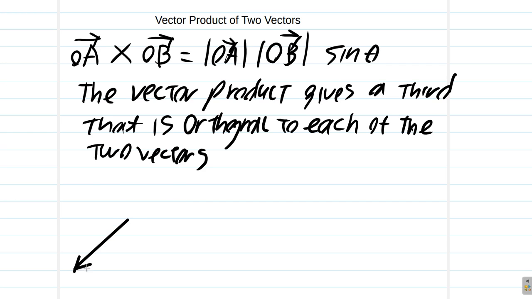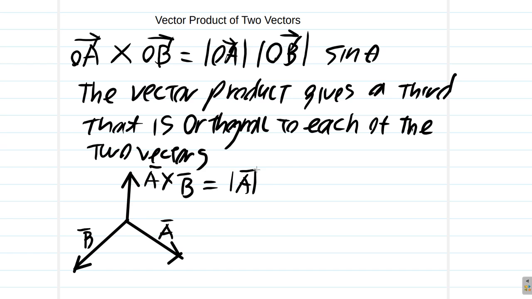Say if you have vector A and vector B, this would be vector A cross B. So this is vector A and this is vector B. This would be vector A cross B, which is magnitude of A, magnitude of B, times the sine of the angle between these vectors.